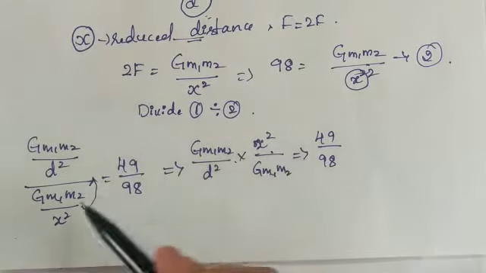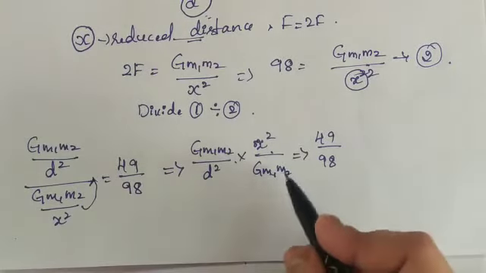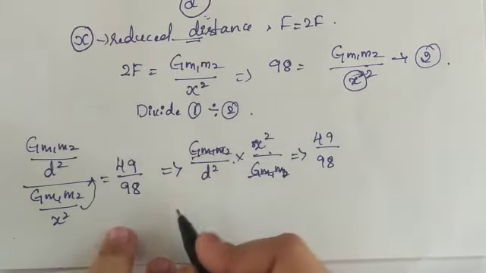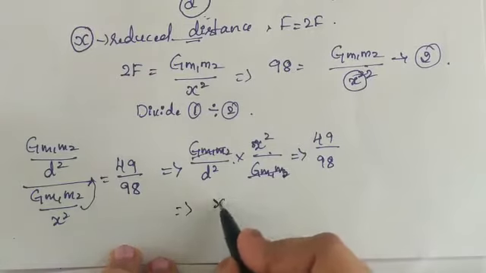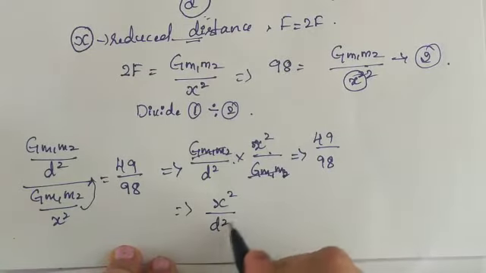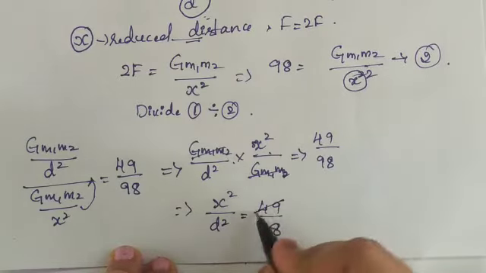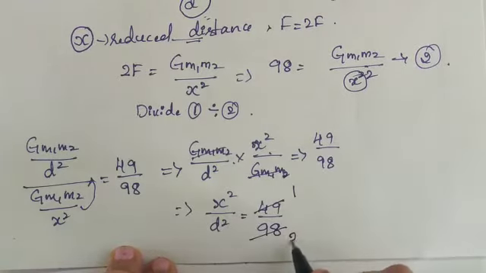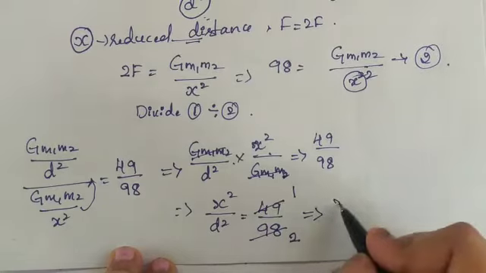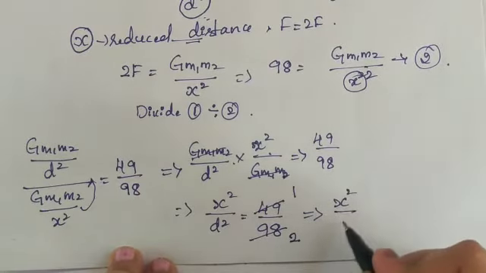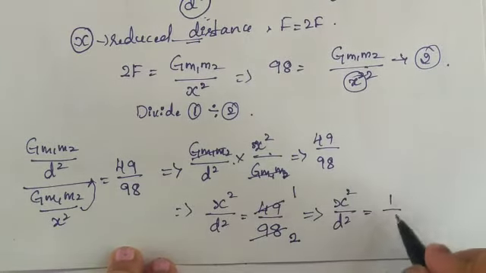That is cross multiply x square by G m1 m2, so these two will get cancelled. What is remaining here? x square divided by D square is equal to 49 by 98. 49 ones are 49, 49 twos are 98, so x square by D square is equal to 1 by 2.